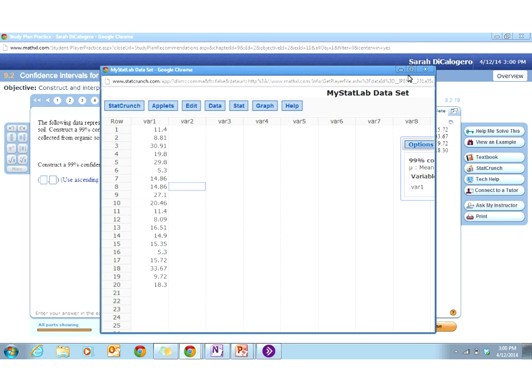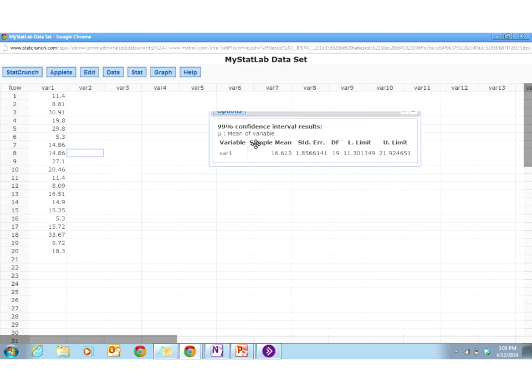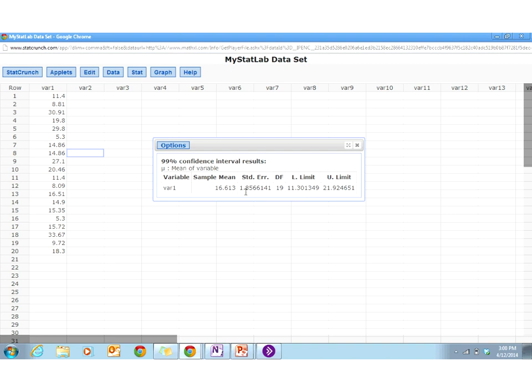Because it's going to do the calculation of everything. It's going to take this and find X bar. It's going to find the degrees of freedom, which is 19 based on the sample size 20, and it's going to find the sample standard deviation, and it's going to do that all for you.